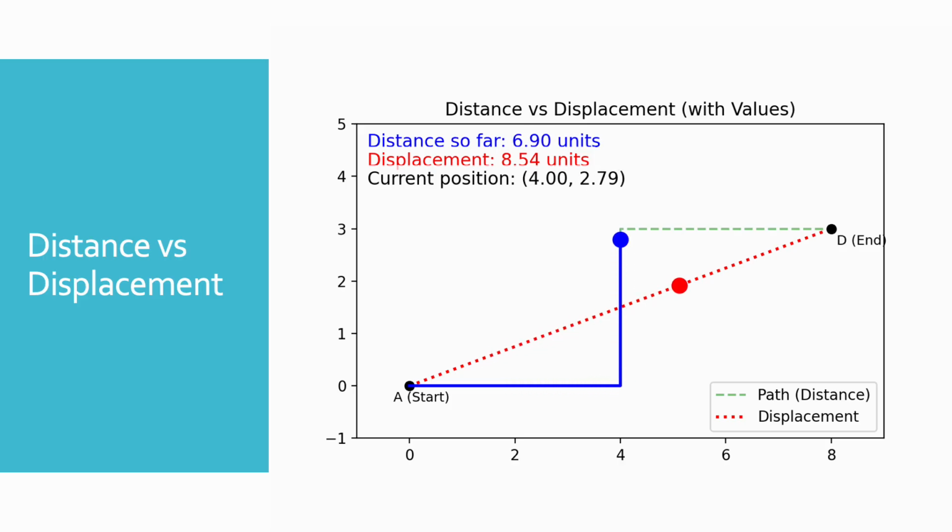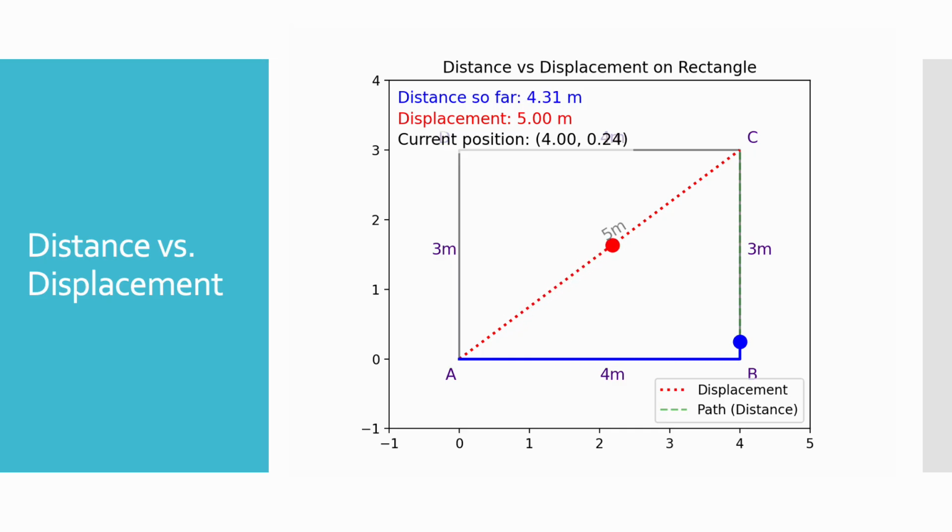The actual path is taken by the blue ball, whereas the red ball is taking the shortest path. Again, you can see the difference between distance and displacement.